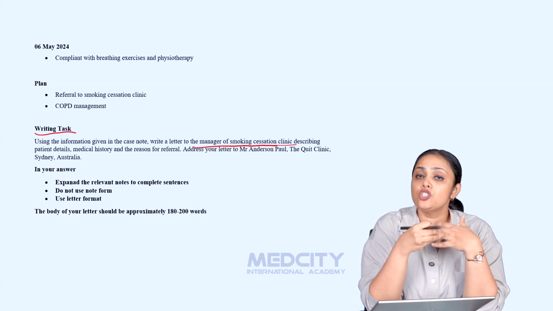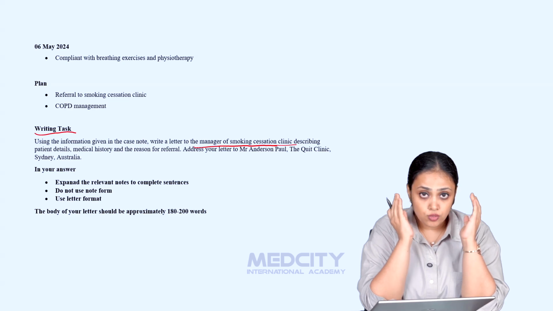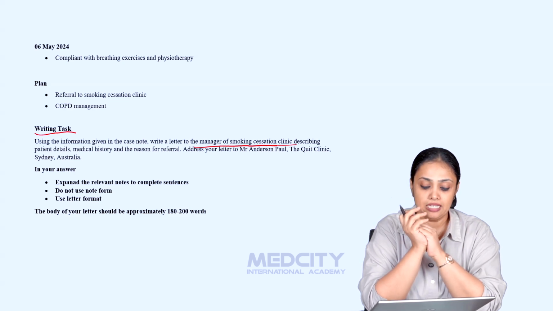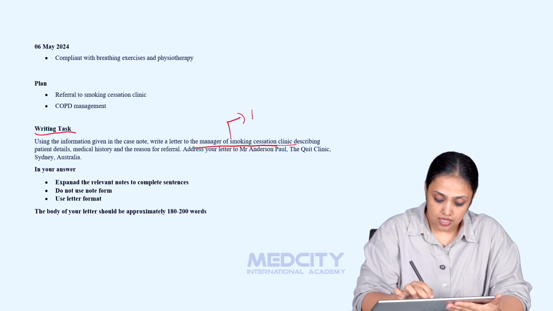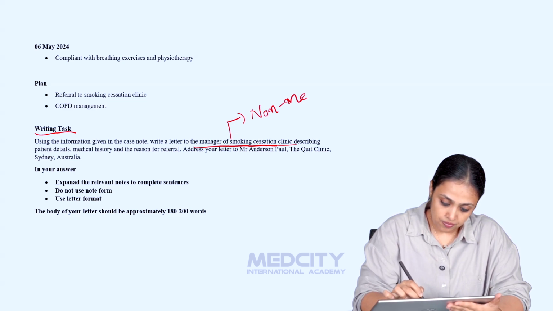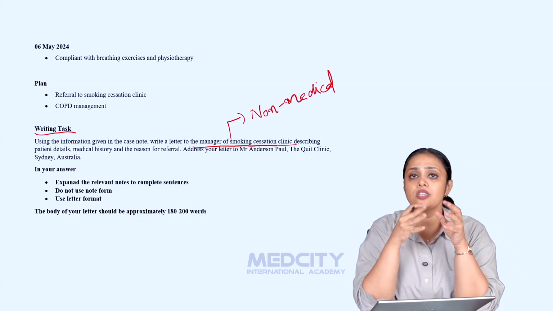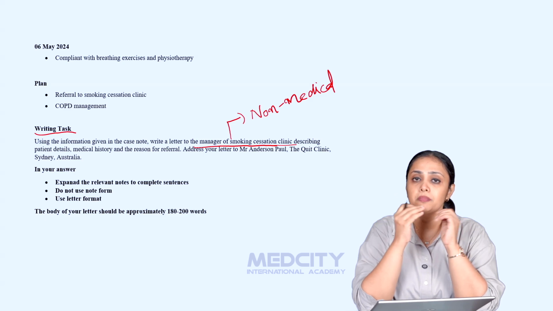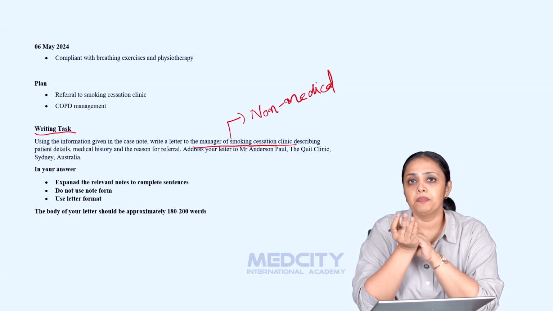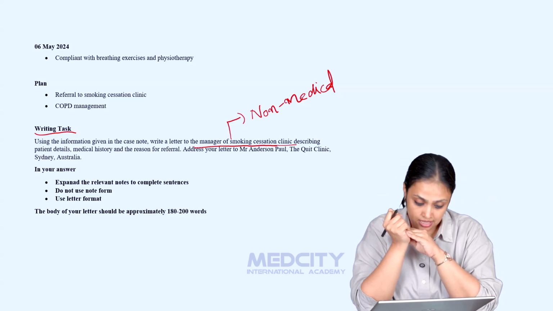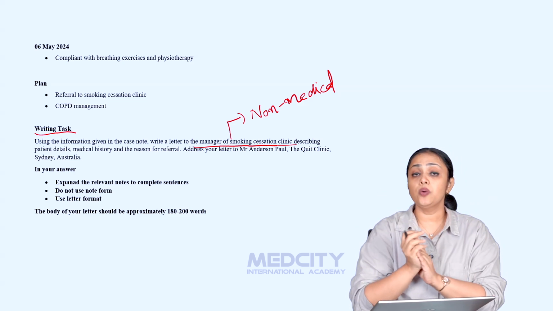Now here, manager of smoking cessation clinic means we have to keep in mind that the manager would definitely be a non-medical person. Non-medical as in, of course, he or she would be somebody associated with healthcare, but not a completely medical person like a doctor or a nurse. So that idea we have to keep in mind.